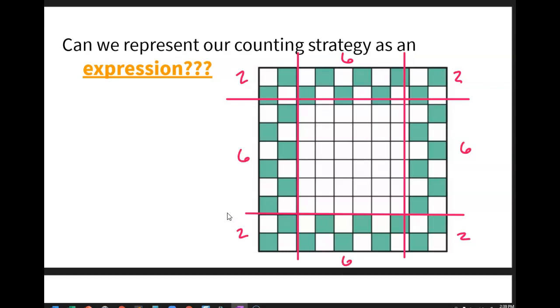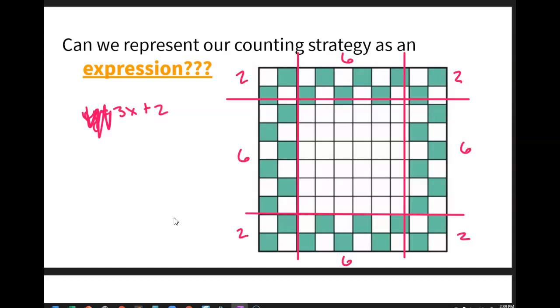So what is an expression anyway? What is an expression in math? Well, we've talked about equations, not in this class, but I'm sure you've seen them before. Something like y equals 3x plus 2. That would be an equation. You can think of an expression as everything on one side of an equation.